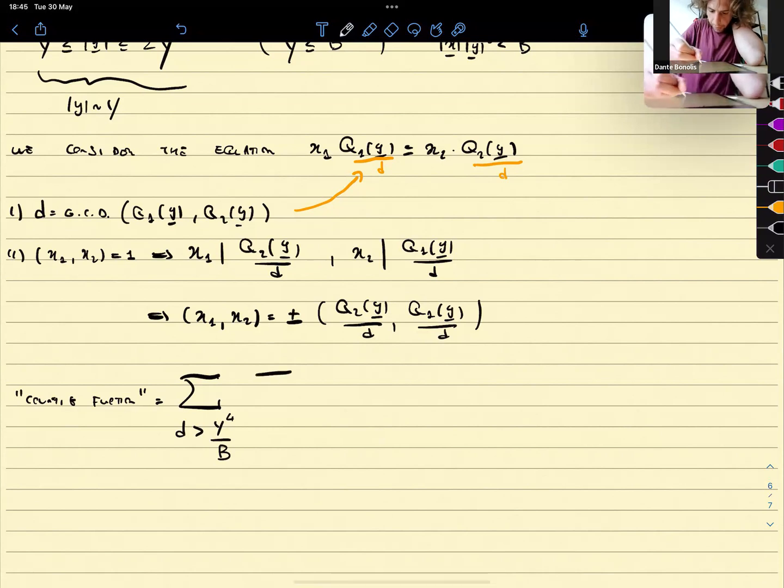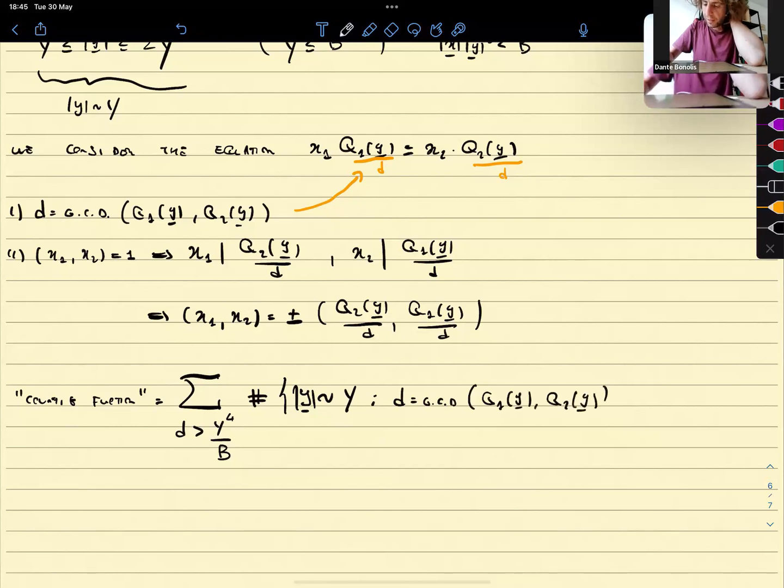Then we sum over Y of size Y such that D is equal to the GCD of Q1Y and Q2Y, because for any of these points we have just one unique choice for X1 and X2.